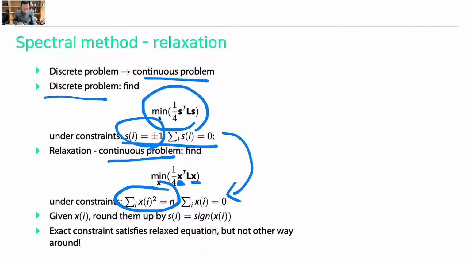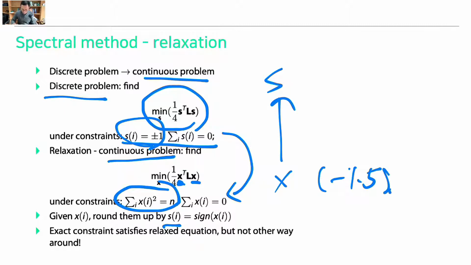So once we find the best X, to recover the S, because we need to get the partition eventually, we just run them through, say for example, minus 0.5 and 0.5, so we assume that we get this float vector.